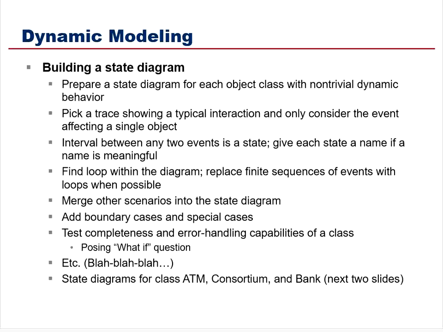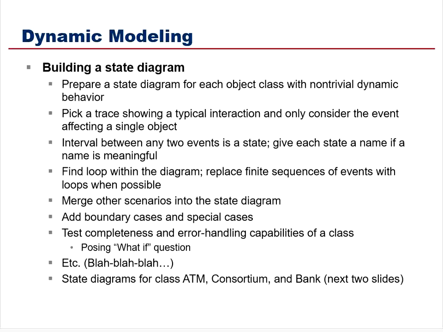Then we show the traces with the interaction and the events which affect the single object. Then we show the interval between the two events, and this is called a state. Each state has some meaningful name. Again, we use loops within the diagram, and this replaces the finite sequence of events with a loop whenever possible.